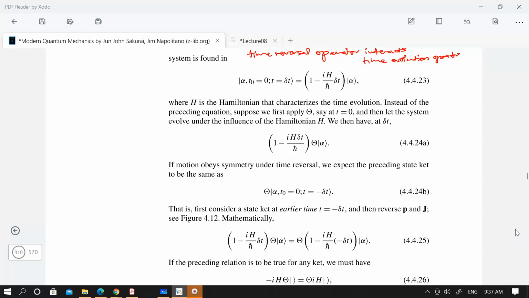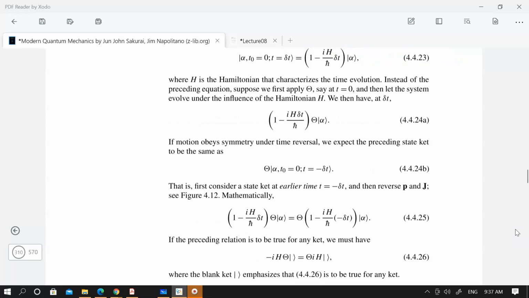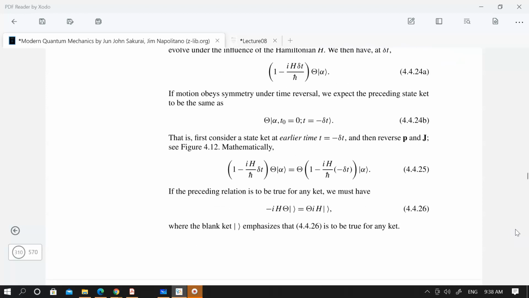What's going to happen in this particular case, if you do this sort of product between the two operators, then you can actually show this. Here is your evolution operator, theta, and then theta evolution operator.